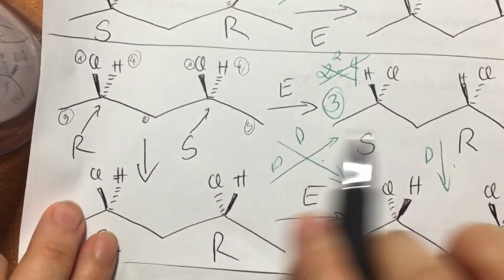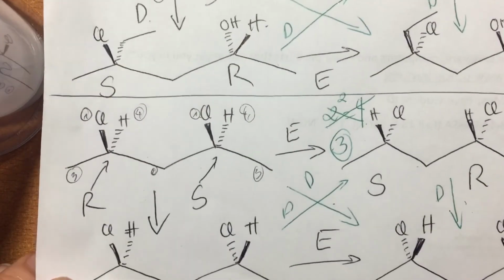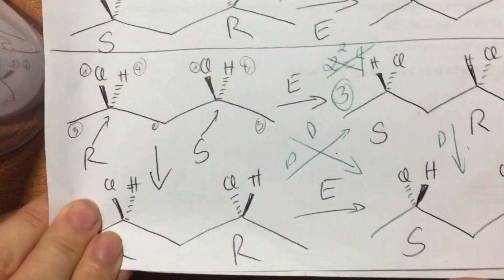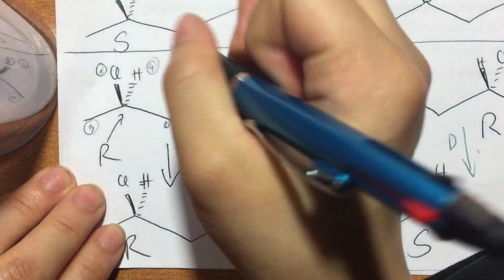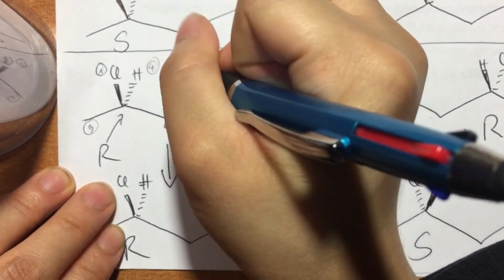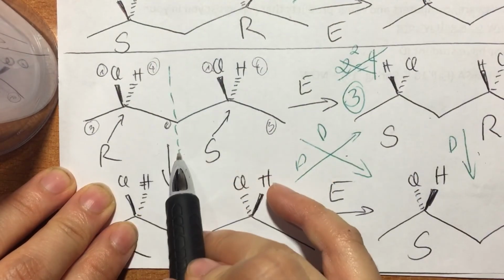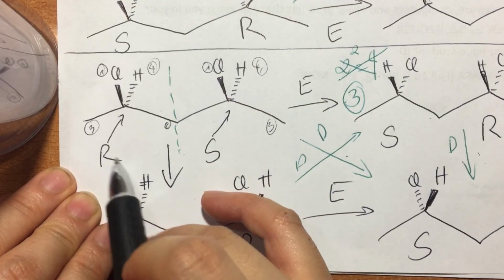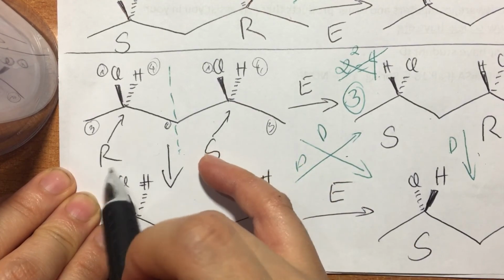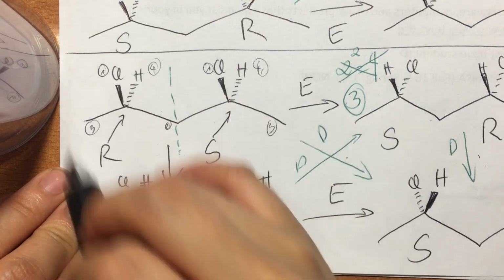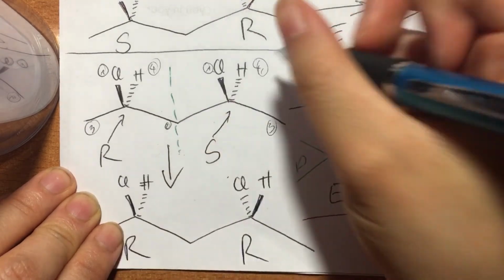So why do I know these are meso compounds? I already made a video that you guys can check out. But in here, we really know that this compound has a symmetry. It has symmetry right here. And also we have an S and an R configuration, both in the same compound. So this is a meso compound.